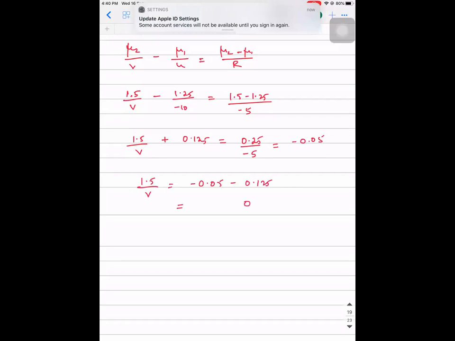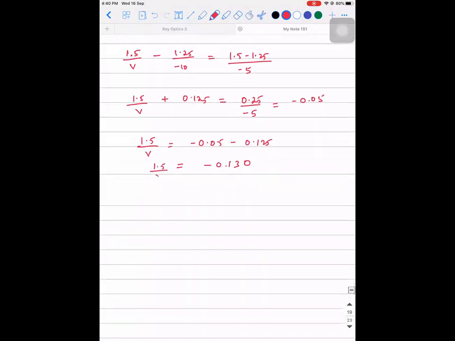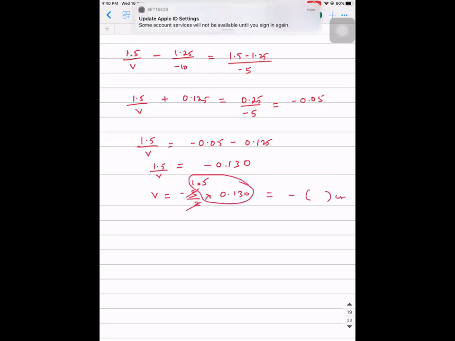So what will be the answer? 130, right? So that is 1.5 divided by V. V will be equal to, if you multiply these two values, you will get the final image as minus of something centimeter.